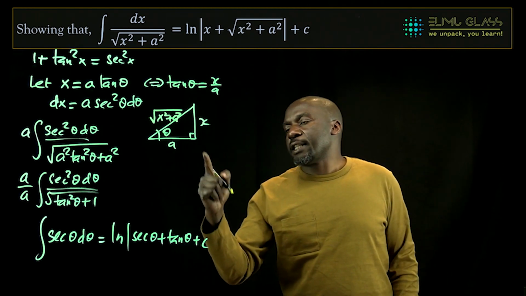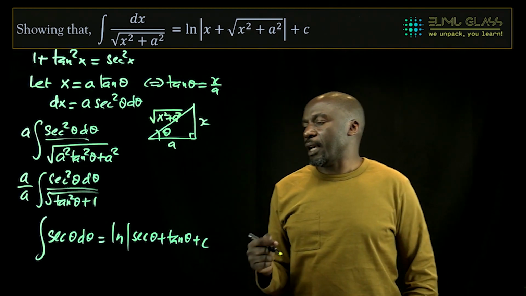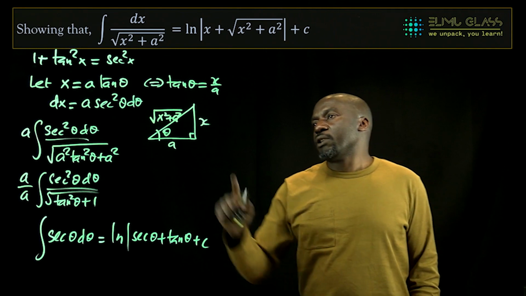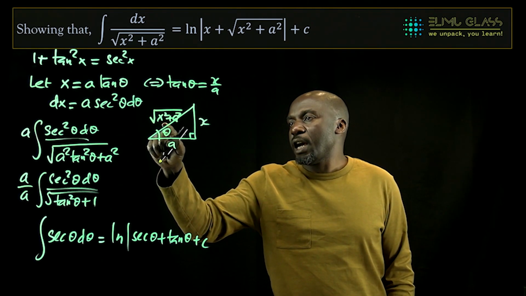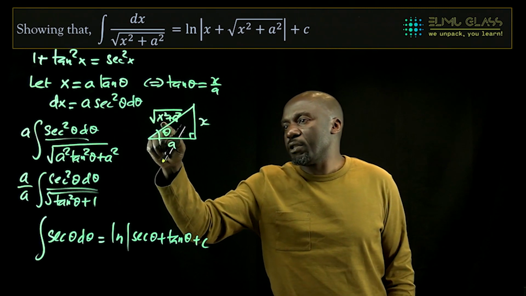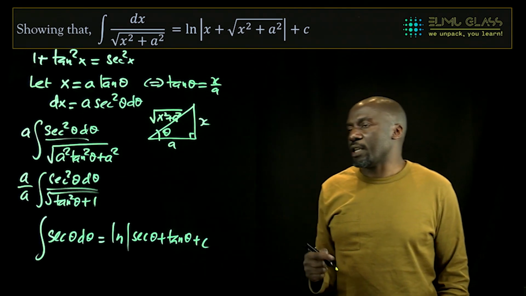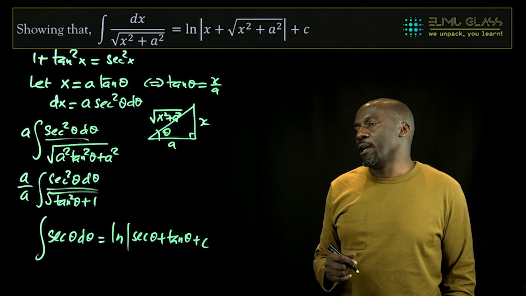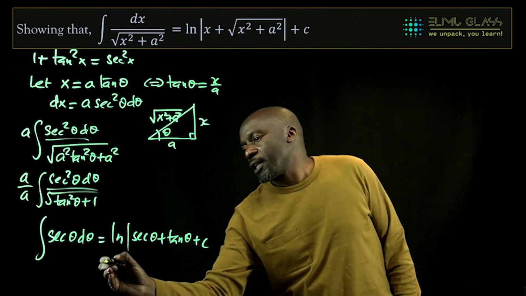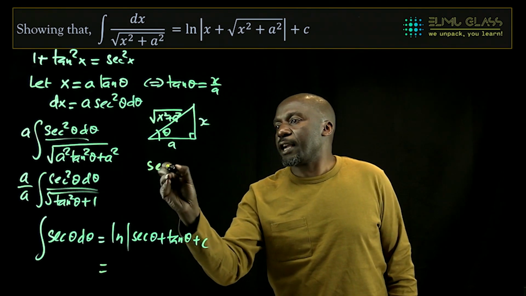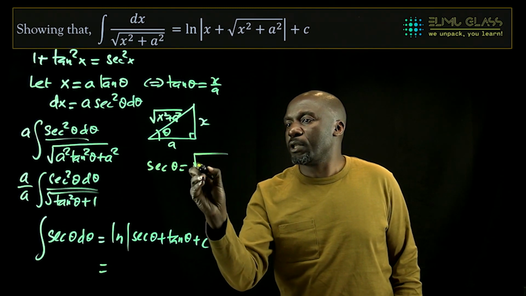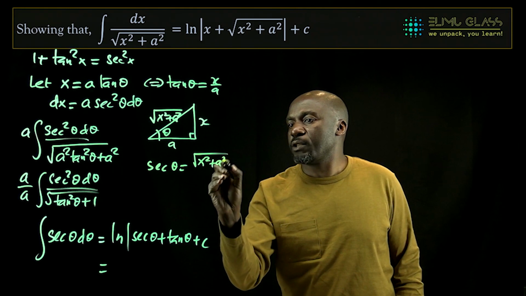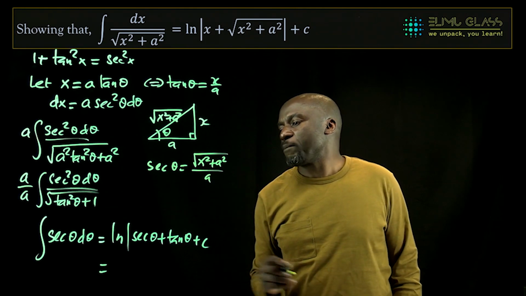Because sec is the reciprocal of cosine, and cosine is adjacent over hypotenuse, sec must be hypotenuse over adjacent. And so this can now be expressed. So we are saying that sec of theta can be expressed as the square root of x squared plus a squared, everything divided by a.